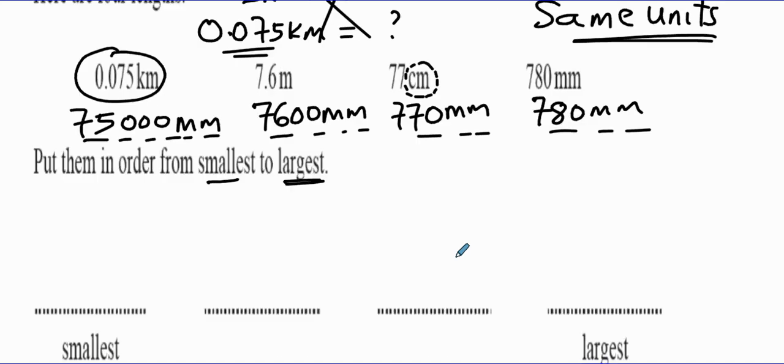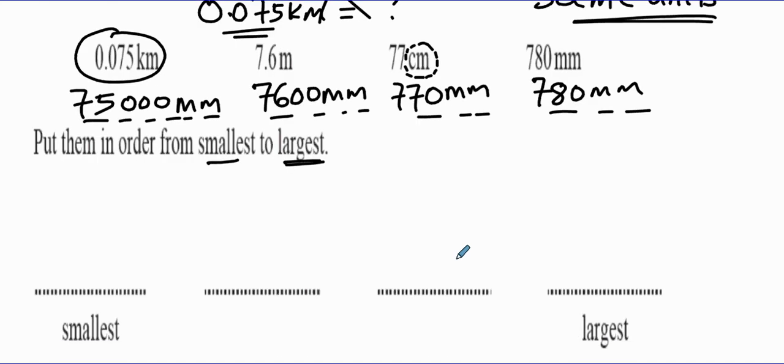Okay. What is the smallest? I'll be looking here. We have 75,000, we have 7,600, 770, and you have 780.